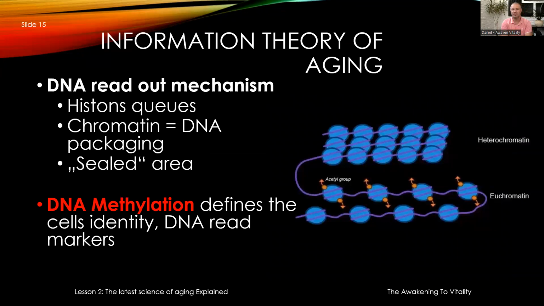So this is a very brief understanding of how the data are stored. And we don't need to remember much, just to understand DNA methylation. DNA methylation are small methyl groups or markers on your DNA, which is packed in your chromosomes. And these methylation marks define what is readable from this data and what is a sealed area.